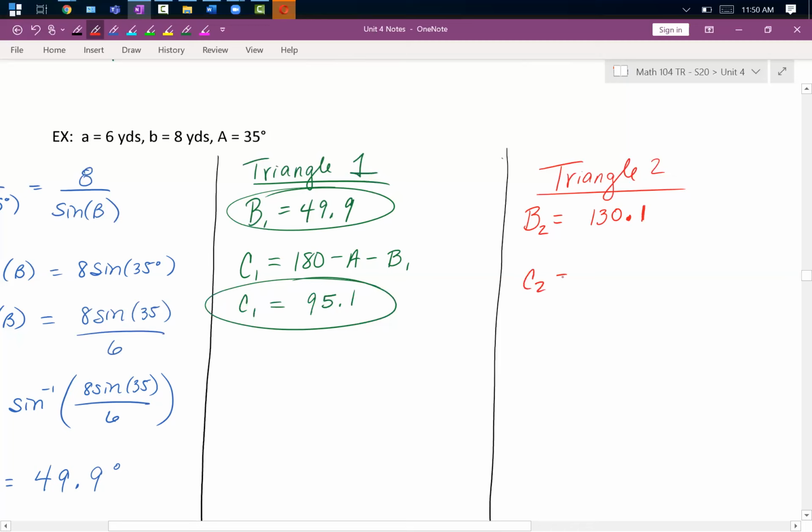To find C2, we're going to take our 180 minus the angle we were given minus the angle we found. So this time, what do we get for C2? Because this is the critical point. If we get a positive, we know there's a second triangle. If we get a negative, we know there's only one triangle.